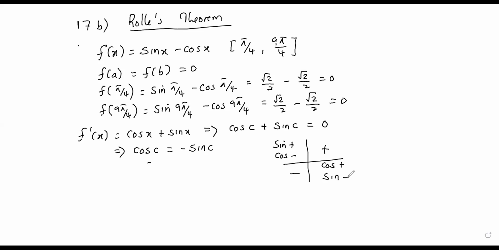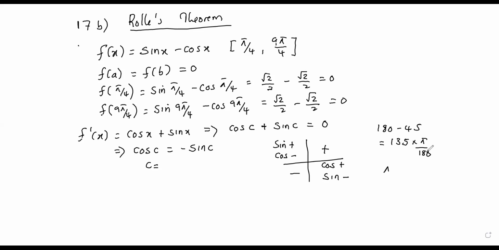So c will come from the second and the fourth quadrant. It will be 45 in the second quadrant. What is 45 in the second quadrant? It's 180 minus 45, which equals 135.